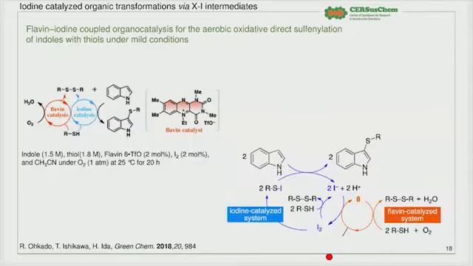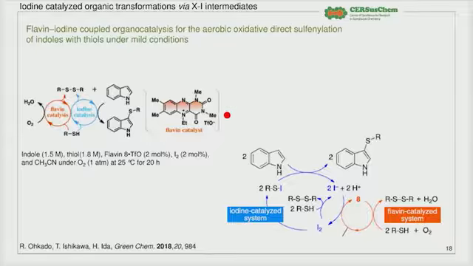Another article which I selected, published very recently in Green Chemistry by the Ishikawa group, uses flavin-iodine coupled organocatalysis for the aerobic oxidative direct sulfenylation of indoles with thiols under mild conditions.